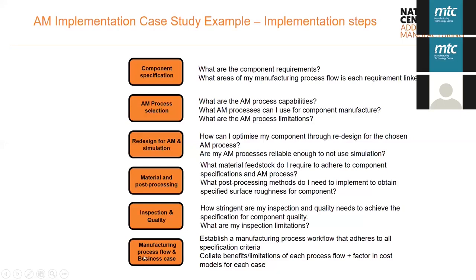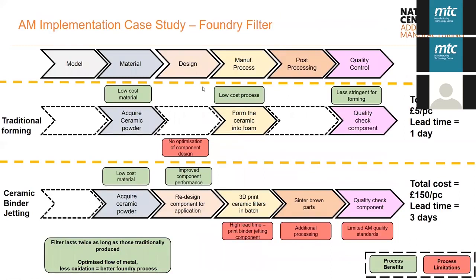So I will then establish a process workflow that adheres to all the specification criteria, collate the benefits and limitations of each individual process that I might wish to include, and then factor in the costs of each case. So visually, what that looks like, again, this is a very top level view of some of the journey steps, and this is a strategy that you might want to include when you're distinguishing different business cases for AM processes. That makes sense.